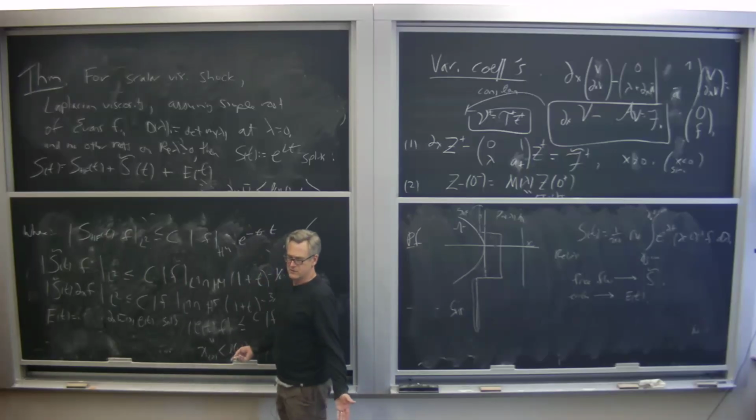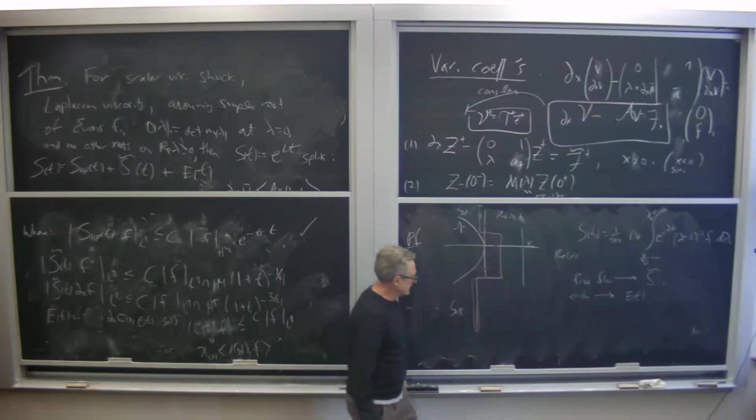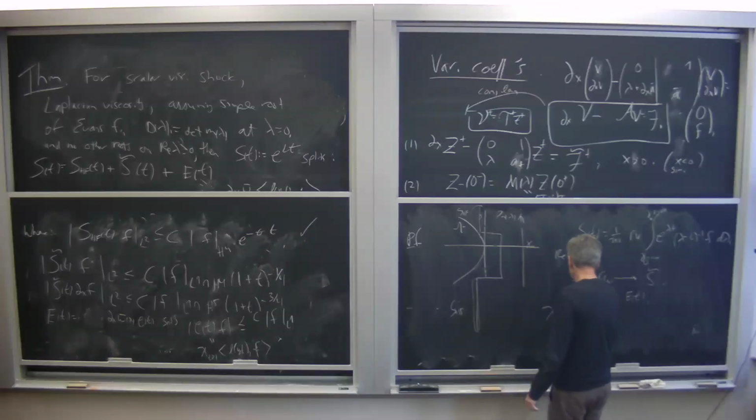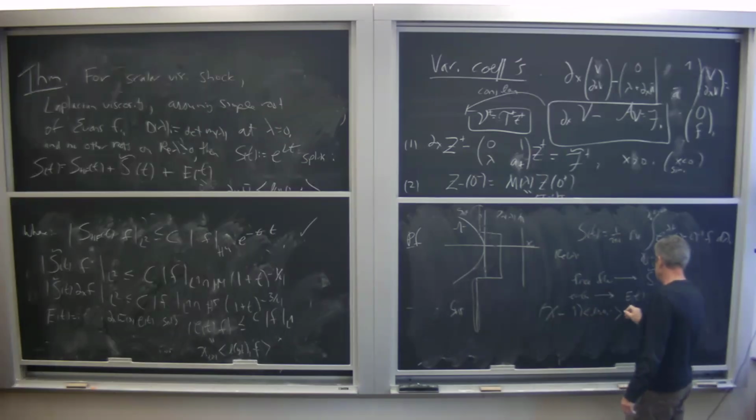It is 0 for time bigger than or equal to 1. So I have a bound that's much better than an exponential bound. So chi minus 1 times this also goes with the error term.